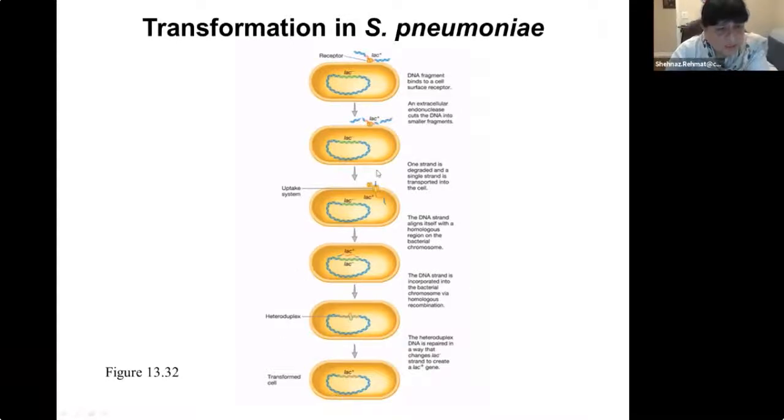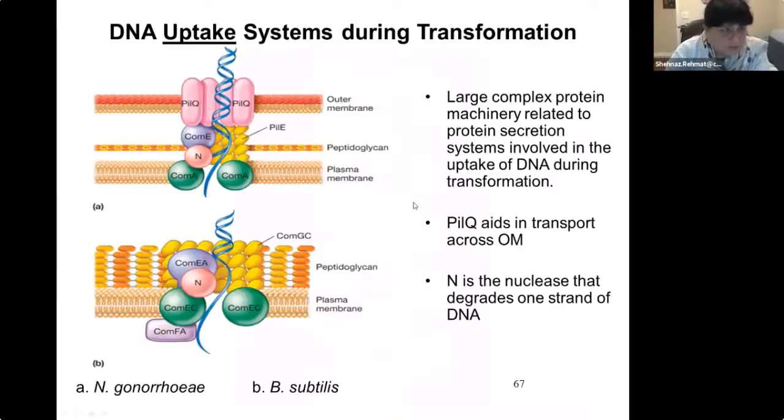Generally, DNA is transported across the recipient membrane by a channel, a secretion system, or an intake system, as you would call it. This has been worked up quite well in a lot of papers. We won't be reading any of those, but this is to give you an idea that transformation can occur in gram-positive bacteria as well as gram-negative.